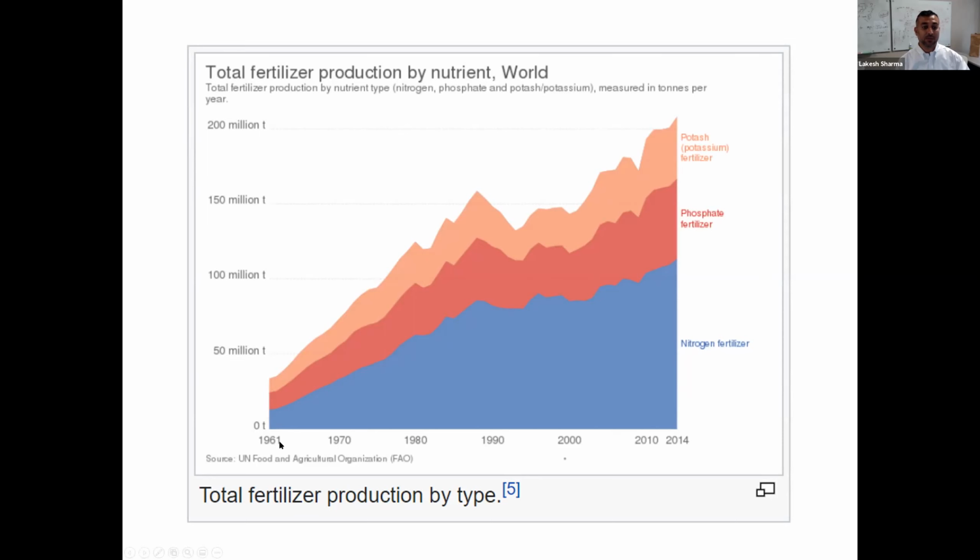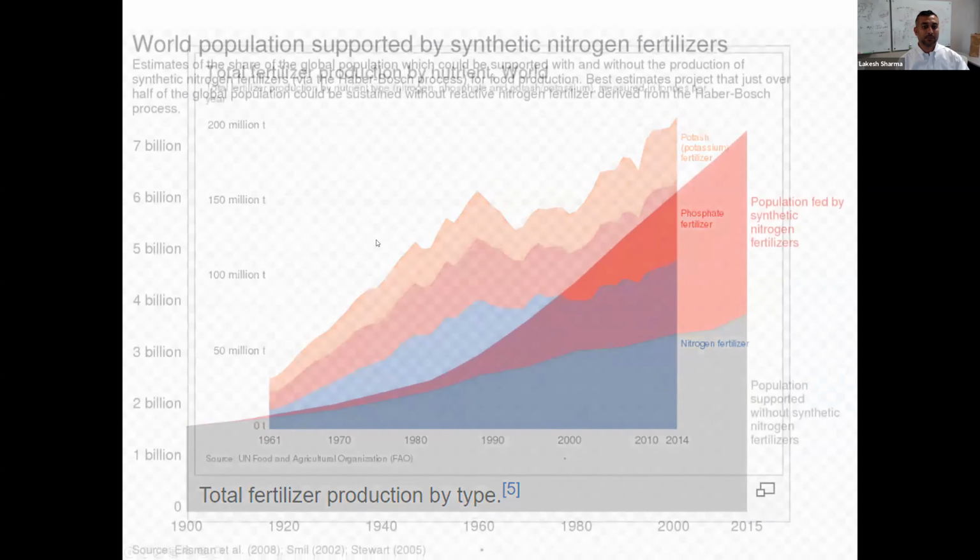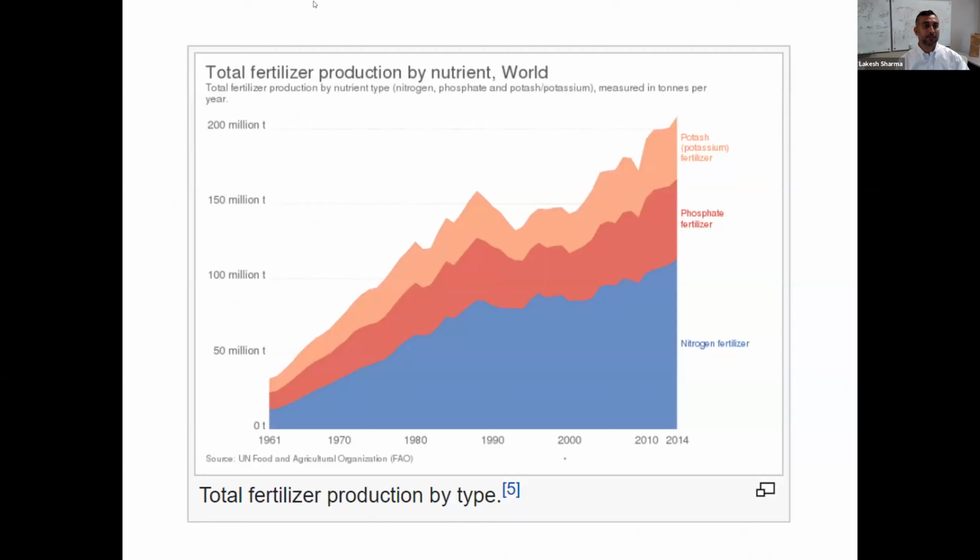From 1961 to 2014, nitrogen usage is basically increasing, and it is important to understand why this is the case.